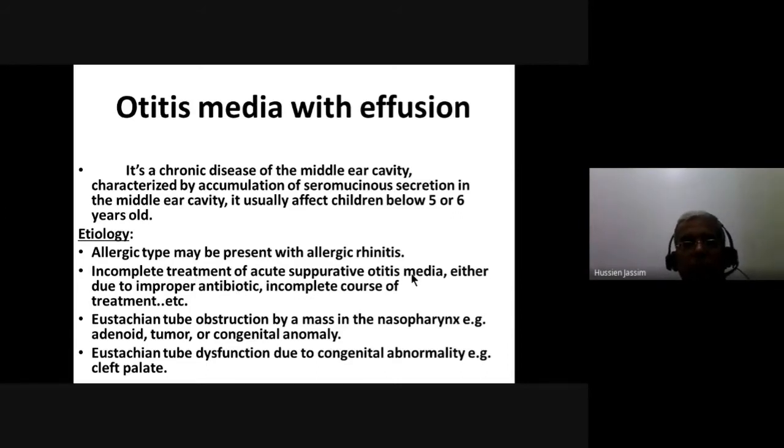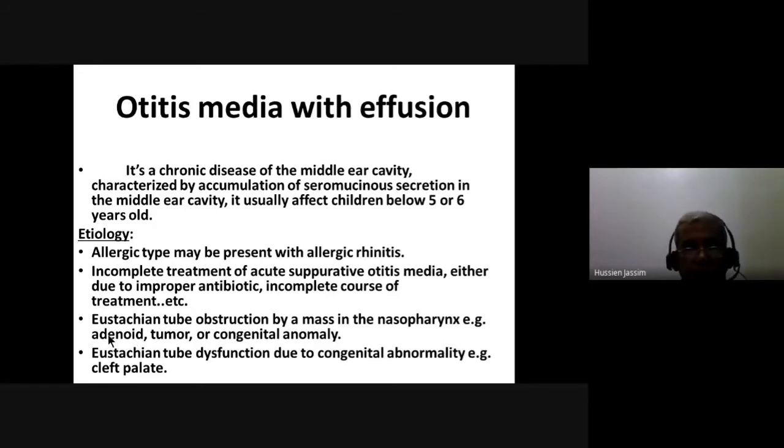Acute suppurative otitis media تعطي incomplete treatment راح يصير sterile fluid ويبقى fluid بالميدل اير كافيتي، especially إذا ما أعطينا الديكونجستنت اللي هي النيزل دروبس لوكال والسيستميك. Eustachian tube obstruction by another cause، مو انفكشن، عنده mass بالنيزو فارنكس اللي هي usually the adenoids ذولا in children.